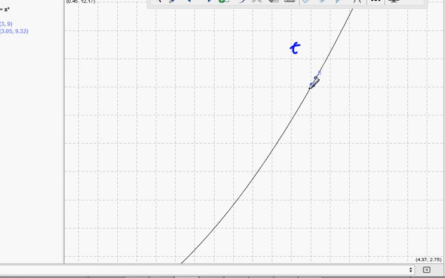If T is 0, there is no gap. Or if T is a number very close to 0, there is no gap. So in essence, I'm actually getting the tangent because there is no gap. And remember what we said in the last question, as the gap got smaller and smaller, the slope looked more and more like the tangent. And now when T is 0, we'll probably be getting the tangent.